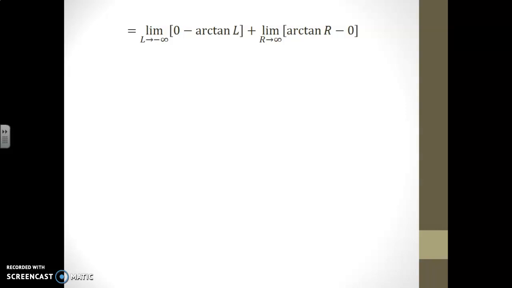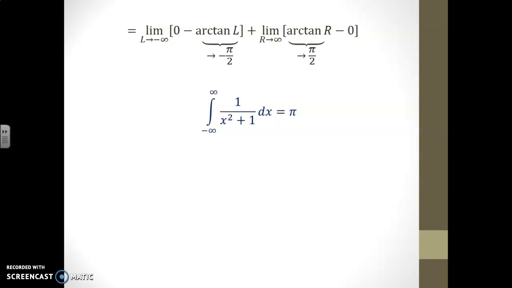Now, if you remember, an arctan function has minus pi over 2 as its asymptote at the extreme left. Arctan of x has pi over 2 as a horizontal asymptote at the extreme right. And that gives us a clue about the limits both of these will produce. In the end, we will get a final answer of pi.